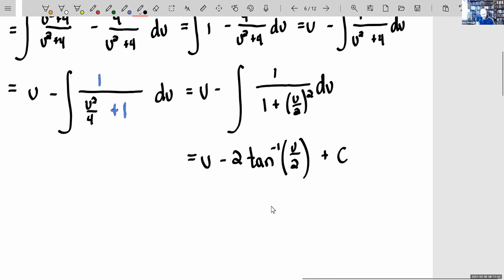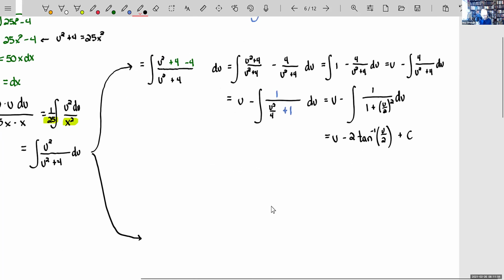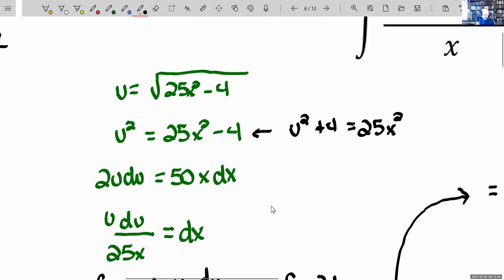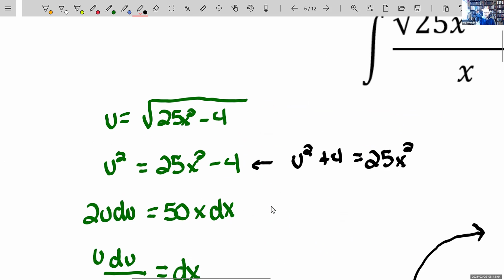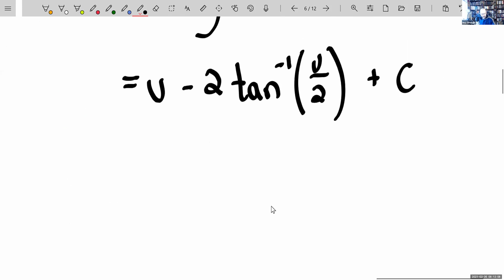Now, in the end here, you would have to go back and figure out, what did I let u equal from the get-go? Oh, yeah. U from the get-go, way back up here, was the square root of 25x squared minus 4. So let me go ahead and just plug that in over here.